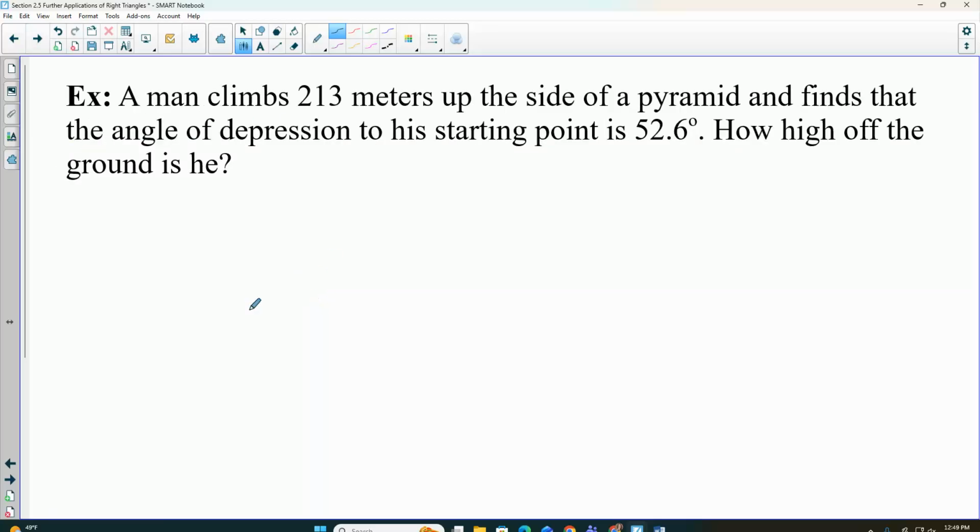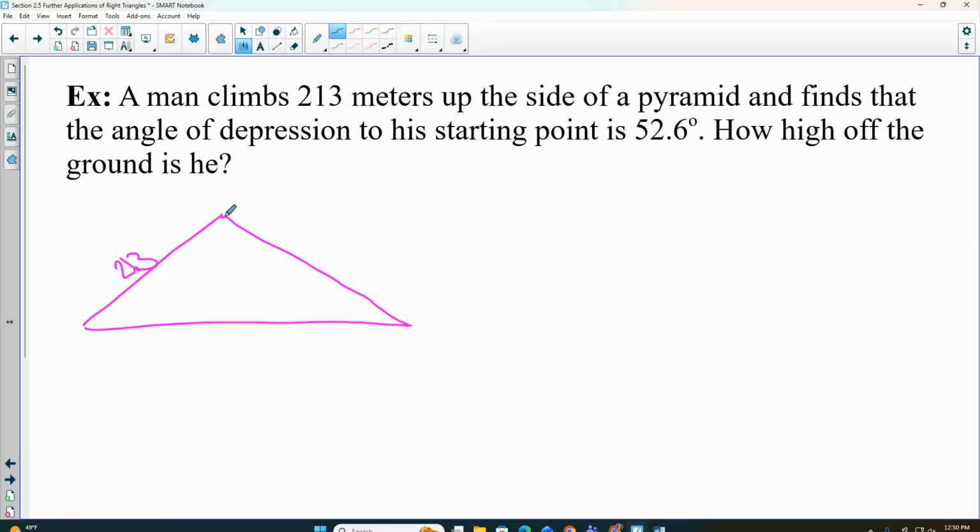Last one. A man climbs 213 meters up the side of a pyramid. So what shape should I draw? Triangle. Do I know that it's a right triangle? No, probably not. So, he went 213 meters up the side. And finds the angle of depression.